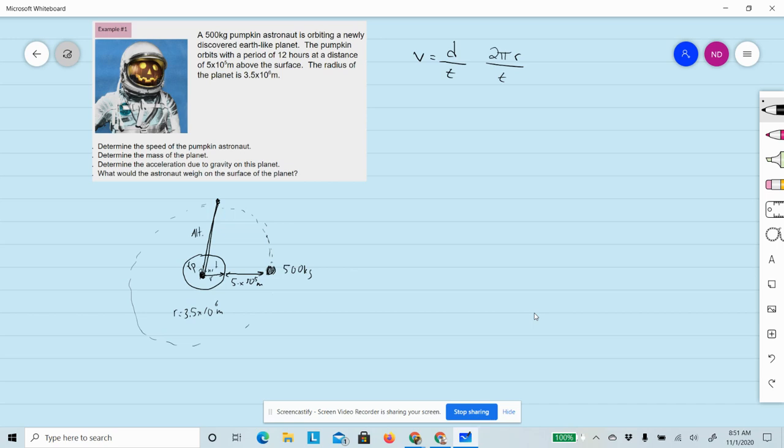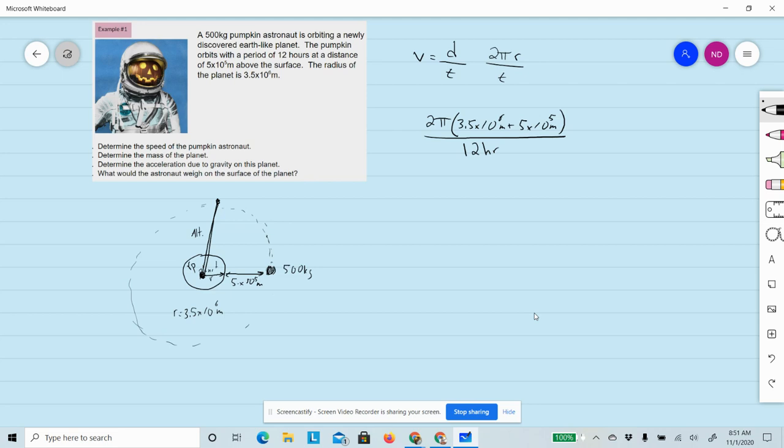So the radius here, 2 pi times 3.5 times 10 to the 6th meters plus 5 times 10 to the 5th meters, over the period in which it completes this path, one full circle, in 12 hours.